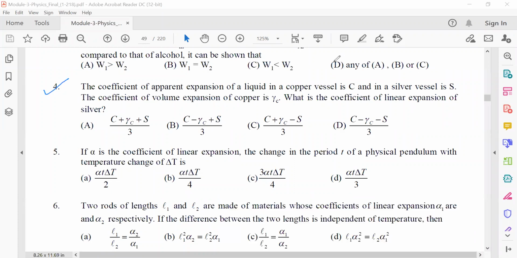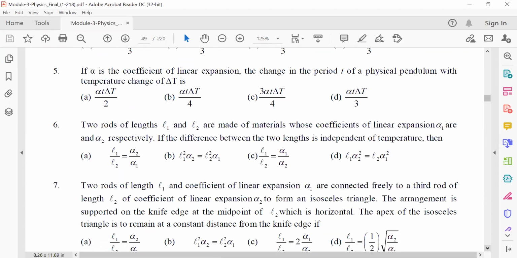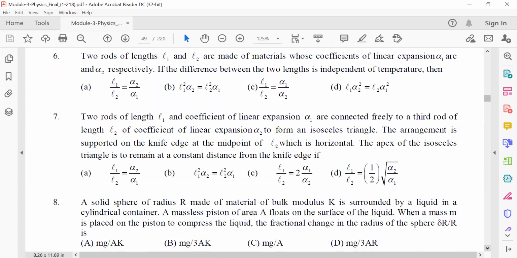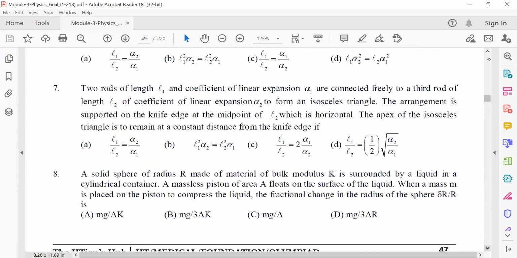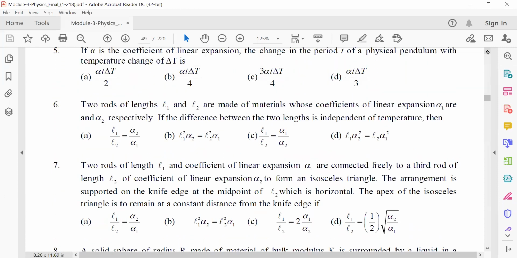This is exercise 1 in your module. Now the thing is, exercise 1, don't do all the questions because there are questions from elasticity and all also. So there are limited questions that we can do. It's page 47 in your module 3.